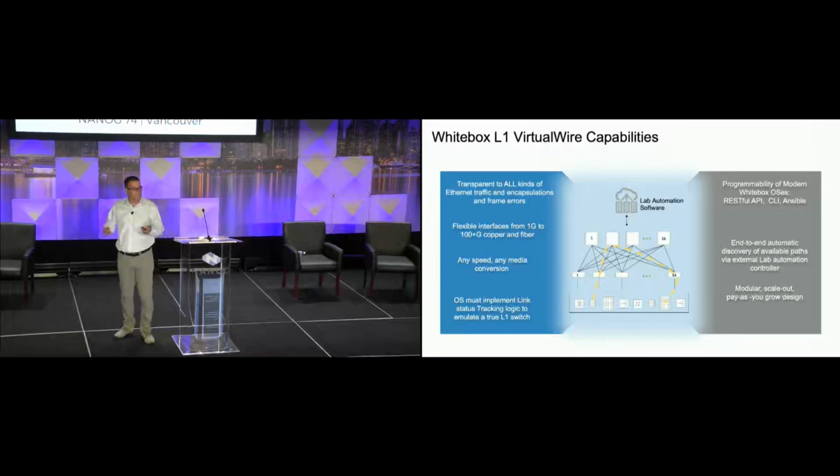So in a nutshell, what do you get if you use a white box with a few tricks in software to emulate a layer 1 switch? What you get is a device which is transparent to all kinds of Ethernet traffic, encapsulation, including errors. You get a device which gives you enormous flexibility in terms of mix and matching Ethernet interfaces, any speed, any media conversion. If you're lucky, you get an OS that implements the logic to track effectively the state of a port across the fabric.